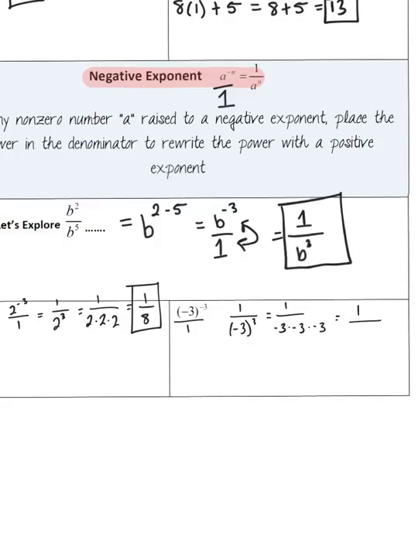If I multiply 3 negatives together, it comes back as a negative. If you multiply 2 negatives together, it comes back as a positive. But in this case, since I have 3 negative signs, an odd number of negative signs, it's going to come back negative. 3 times 3 is 9, times 3 again is 27. So this would be 1 over negative 27, or you can say the whole fraction is negative. Either one of these answers is fine.